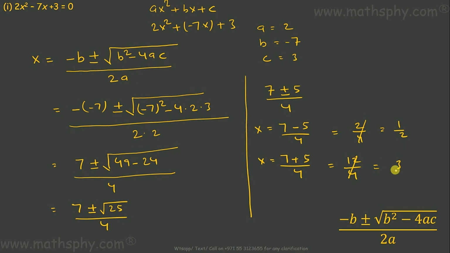You can see how quickly we found out roots. Roots for this quadratic equation would be 1 over 2 and 3. Same roots we got through completing the square method, or if you do the factorization, you will get the same roots here. Done?